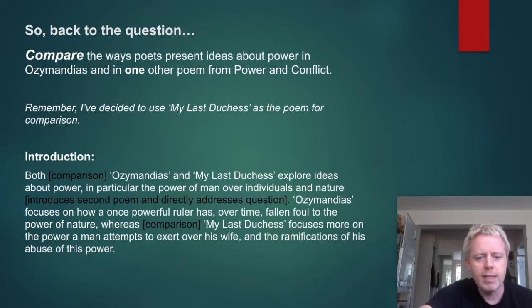Both Ozymandias and My Last Duchess explore ideas about power, in particular the power of man over individuals and nature. Ozymandias focuses on how a once powerful ruler has, over time, fallen foul to the power of nature, whereas My Last Duchess focuses more on the power a man attempts to exert over his wife, and the ramifications of this abuse of his power.